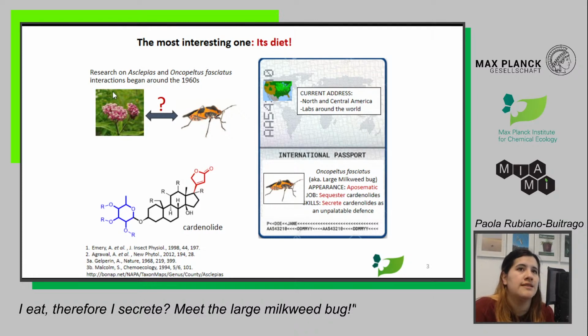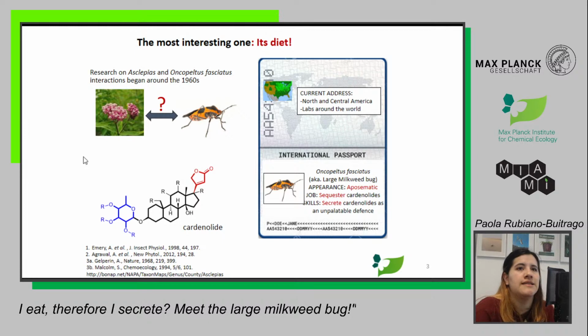They feed on the seeds, and the difference to other bugs that you can find crawling on the floor is that they go up to the seed pods and show themselves in this colorful, bright way, and they feed on the seeds of this plant. And the reason that they have an interesting interaction is because of this substance that is going to be important for this talk, that is called cardenolides.